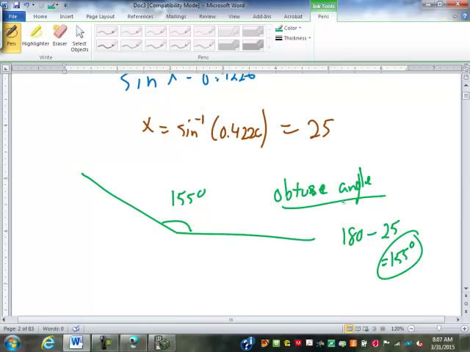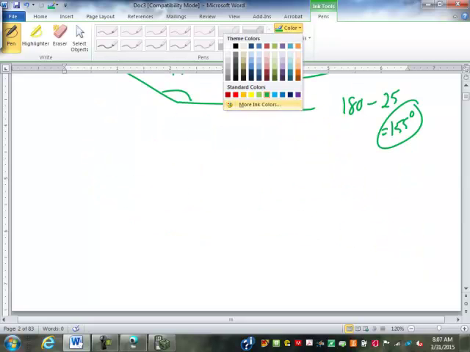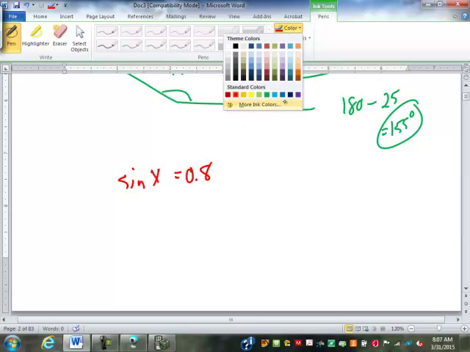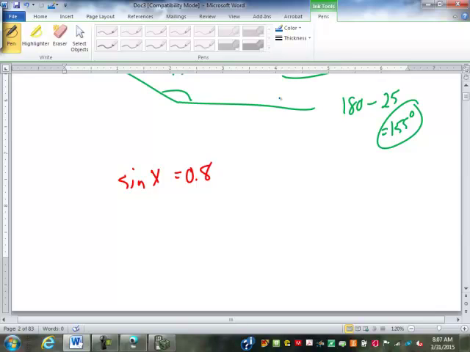So when we do an inverse sine, there are always two possible results. There's the result that the calculator gives us, which is the 25 in this case, and there's the supplement of that angle. So if I tell you that sine of x equals 0.8, that's technically not enough information.